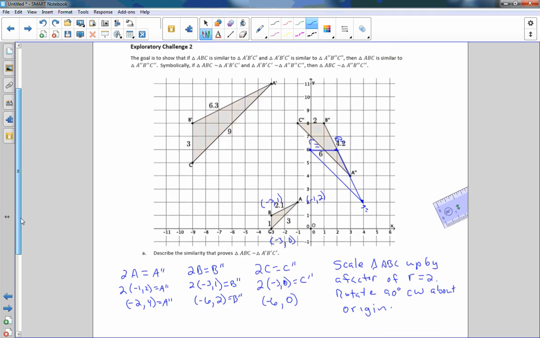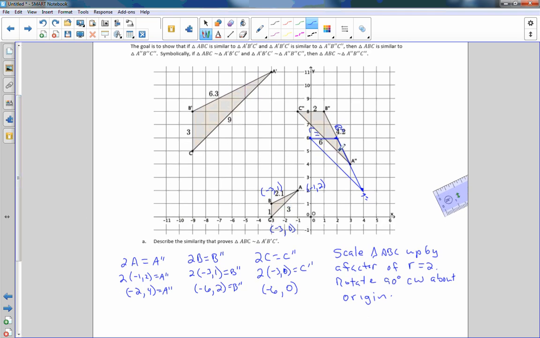And finally, we're going to translate. So let me just move this up. So as you can see, we're going to have to move this up 1, 2, and left 1. Okay, so left 1 would be, x, y is going to become, left 1 is minus 1 on the x, and up 2 is y plus 2 on the y.